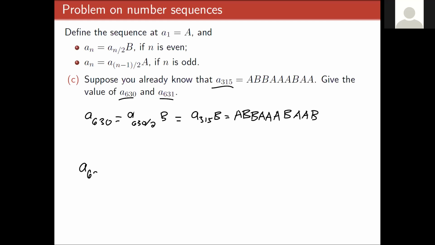And for A631, 631 is odd, so we use the second formula. (631 minus 1 divided by 2), that'll be A315A. So that'll be ABBAAABAAA.